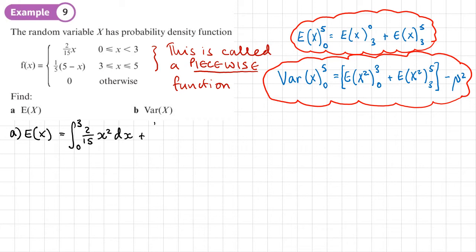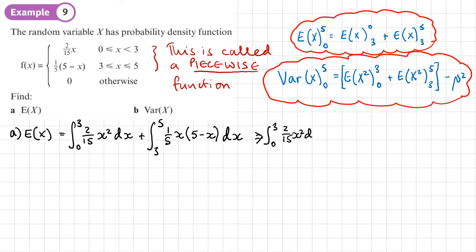And we're going to add to that the function between 3 and 5, which is going to be this times by x. So we'll write that as 1/5 x (5 minus x) dx. I'm just going to multiply out the brackets for the second part before I integrate.